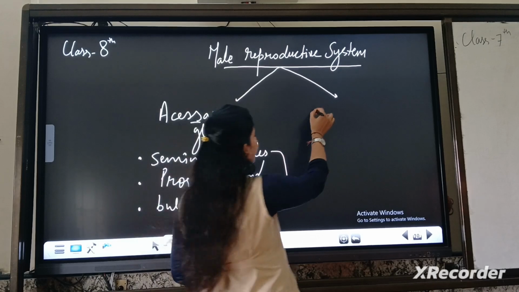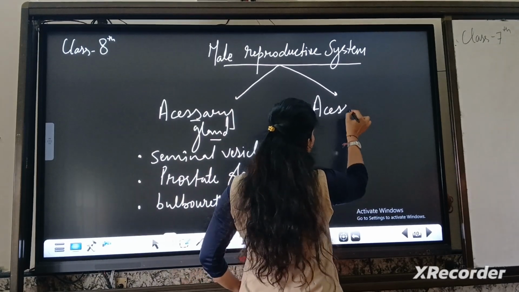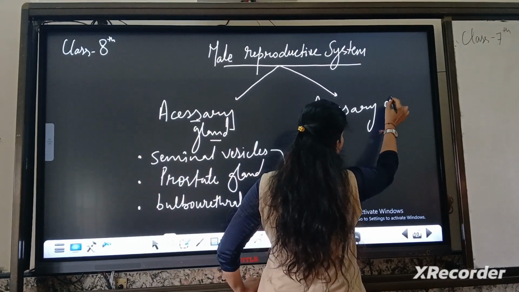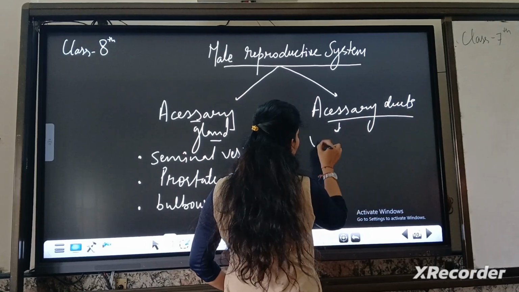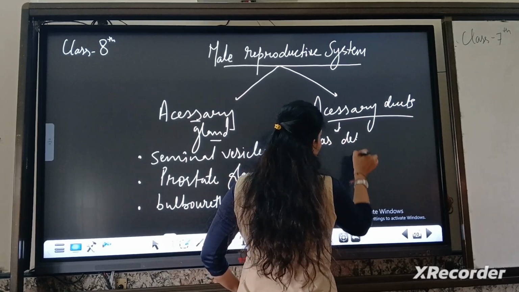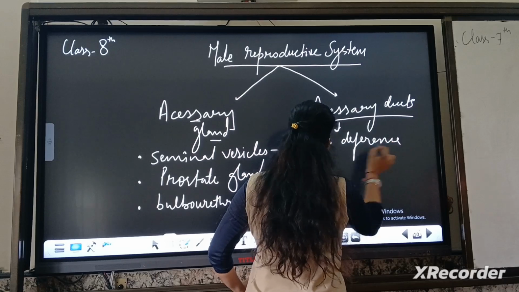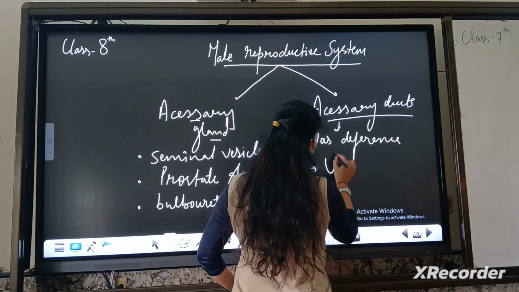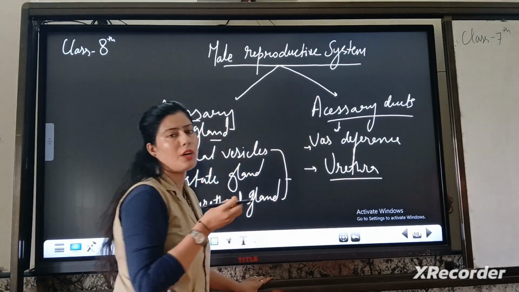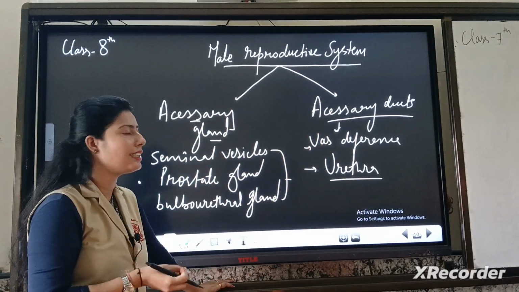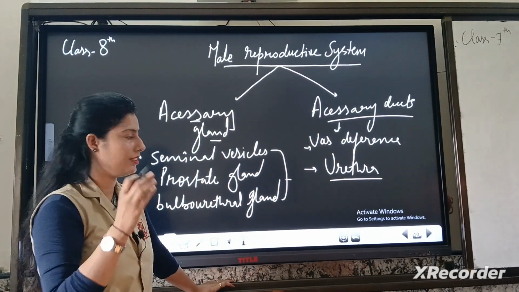And what are the accessory ducts? Accessory ducts are vas deferens and your urethra. We know that the urethra is a common passage for urination and sperm ejaculation.